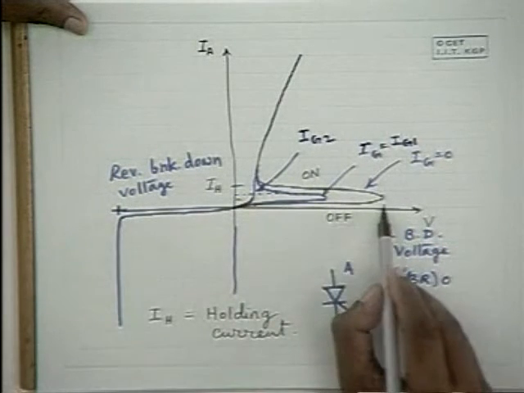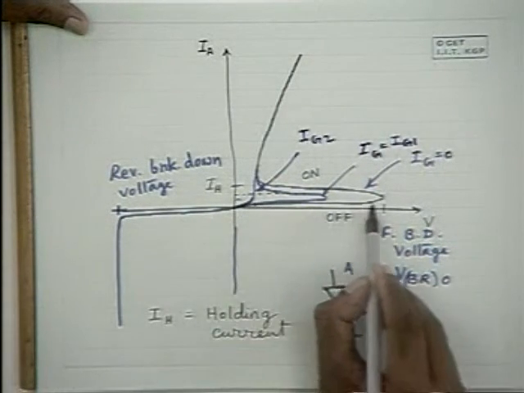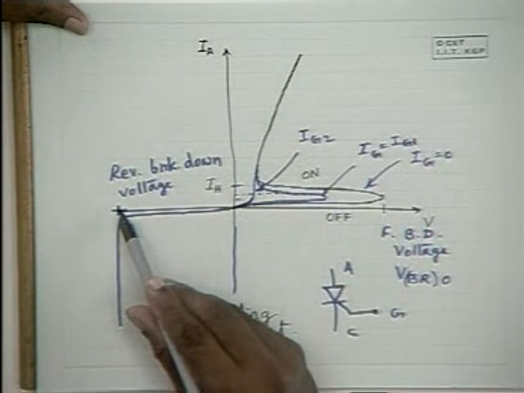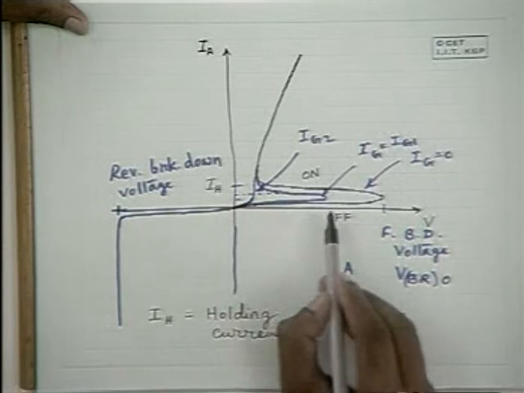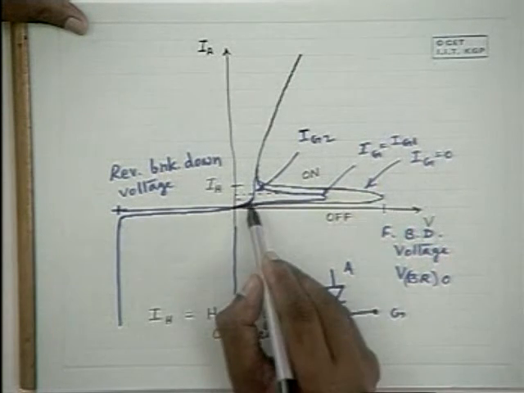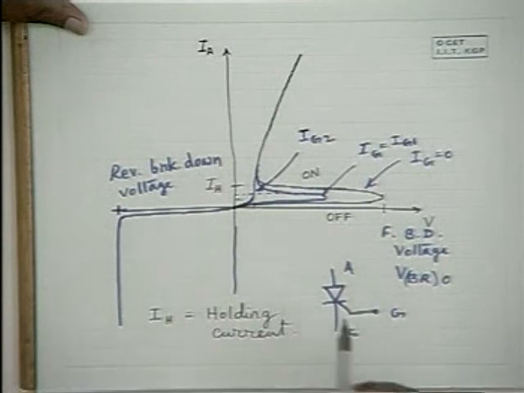Between this point and this point, the device is off when the gate current is 0, and the device is off from this voltage to this voltage when Ig is equal to Ig1, and similarly for Ig2 it is up to this.